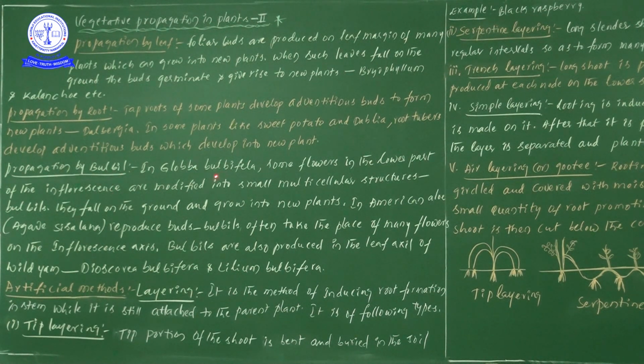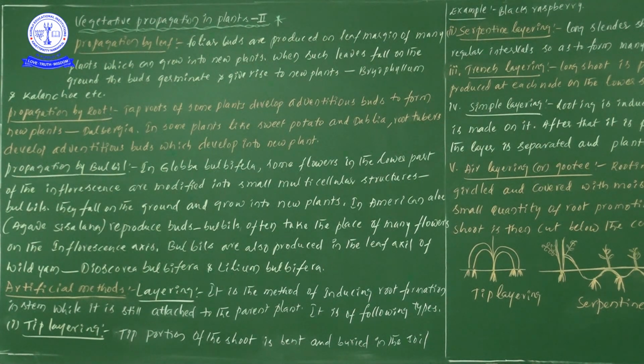Okay. Now Globba bulbifera. In Globba bulbifera, some flowers in the lower part of the inflorescence are modified into small multicellular structures known as bulbils. An inflorescence is nothing but a bunch or group of flowers together.